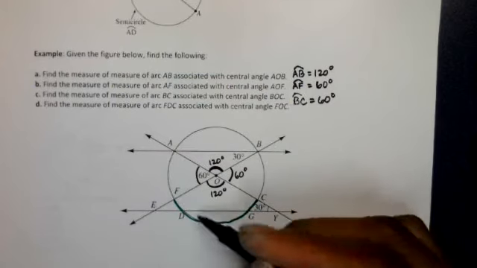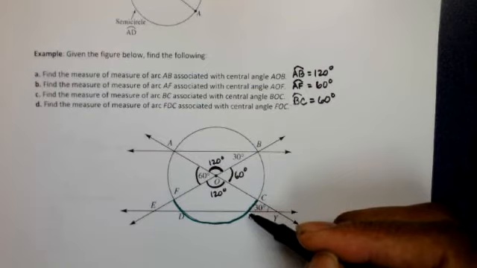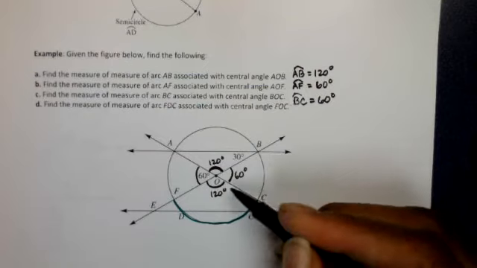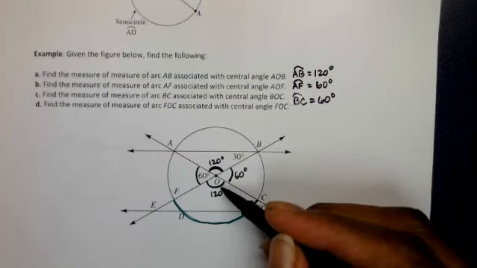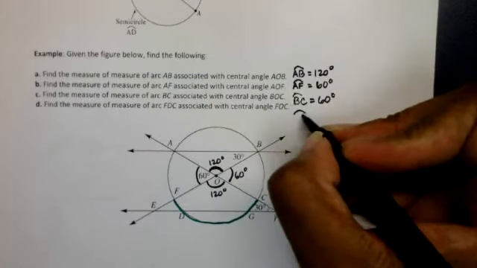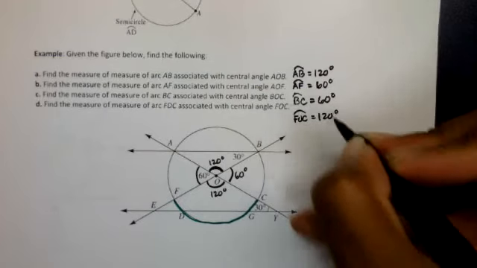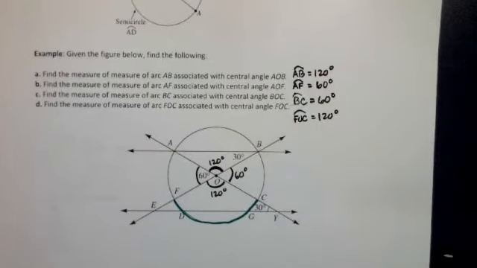And the measure of that arc has to be the same as the central angle measure. So if this is 120, then arc FDC is also going to be 120 degrees. Okay, all right, so that's how we do that example there.